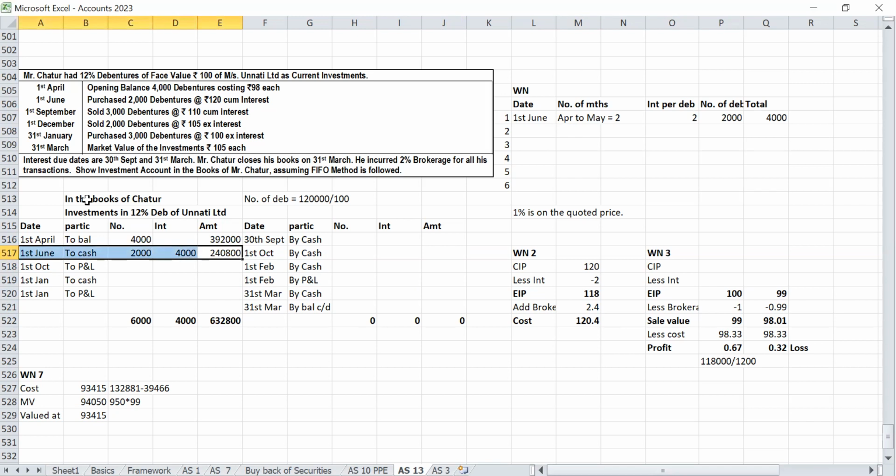Then 1st September by cash. Working notes, 3,000 shares, 1st September. June to August, அப்ப 3 months. ஜூனுக்கு என்ட்ரி போடலையே. Yes sir.